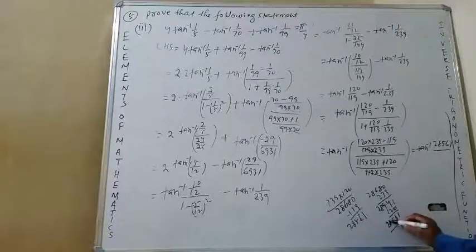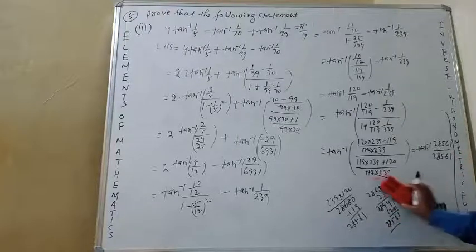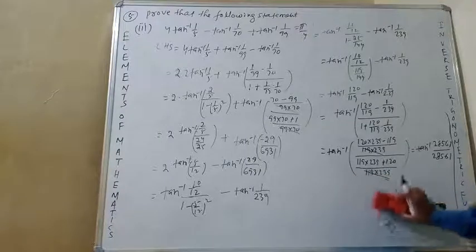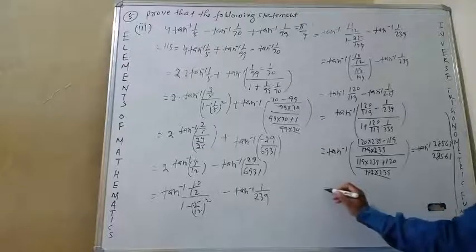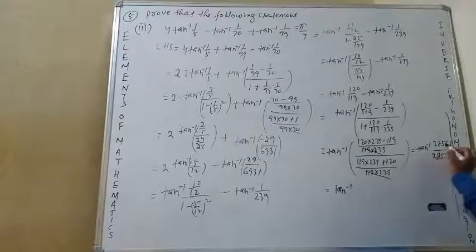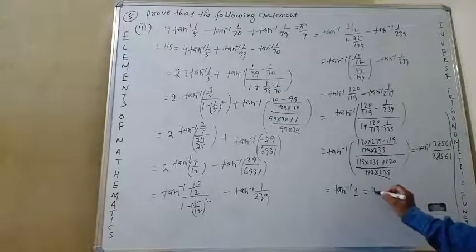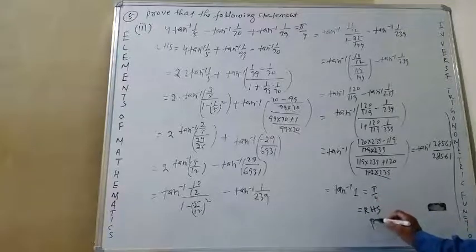Okay, you check it from the calculation, 28561. So this is equal to tan inverse 28561 by 28561, these two will cancel out, tan inverse 1 is equal to pi by 4, is equal to RHS. Proved.